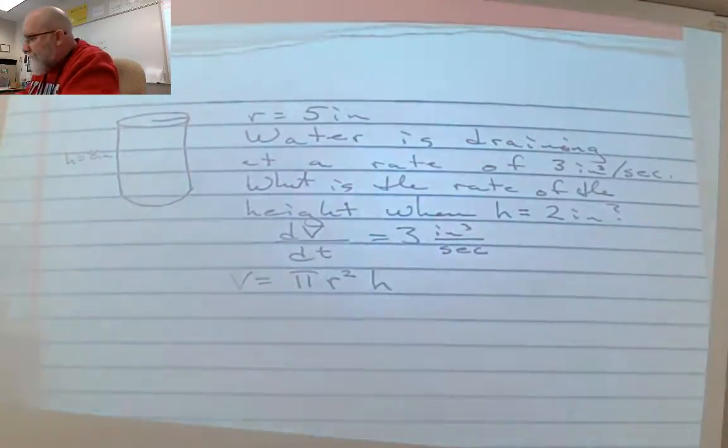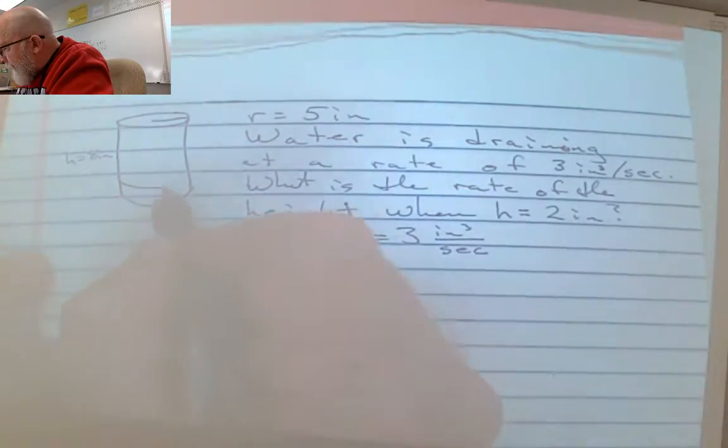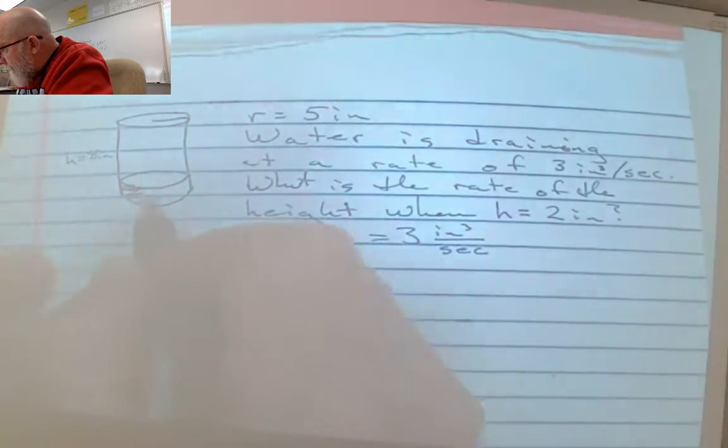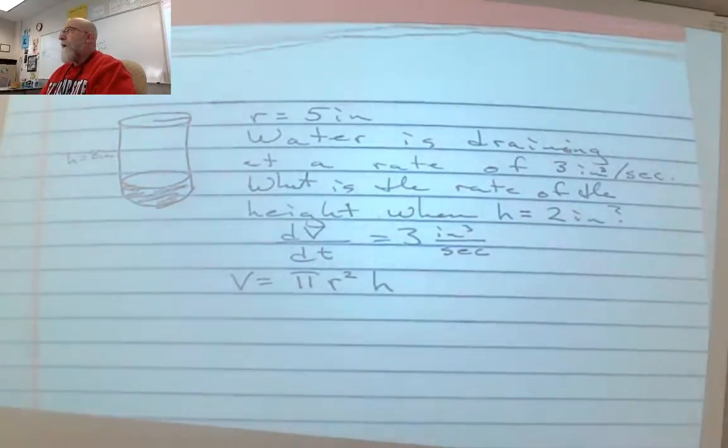Now, let's say right here it's this full. What's the radius when it's that full?